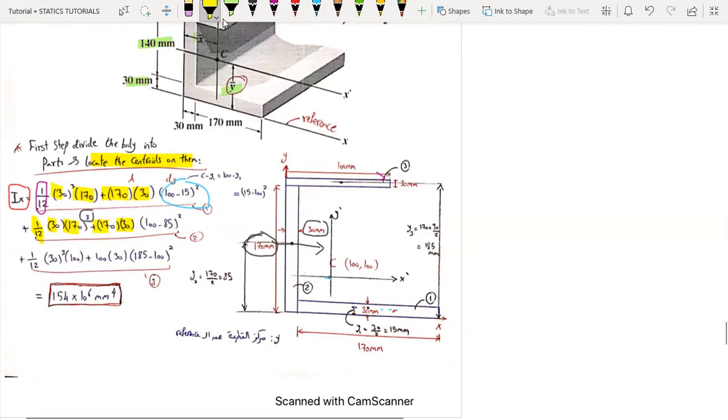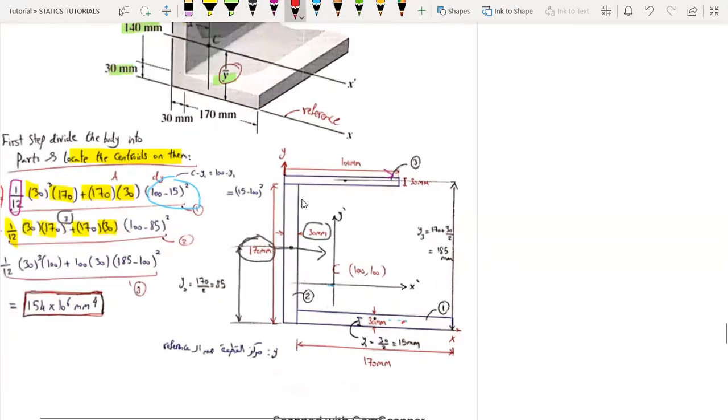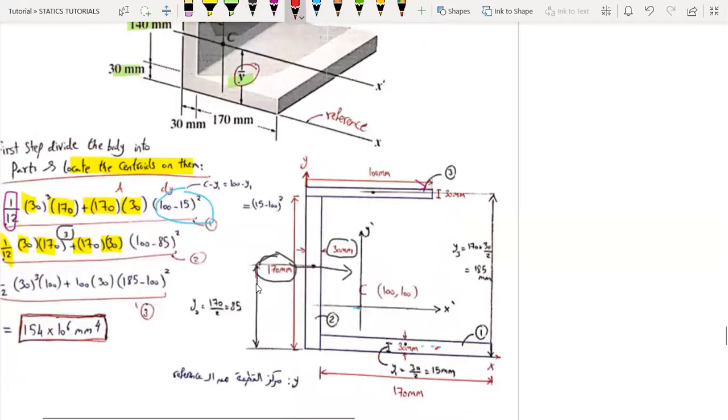Again, here, the distance, we should be careful. Here, we have found already this distance from the datum till the centroid of segment number 2, which is 85. And we know that this distance is 100 millimeters. But dy is the distance from the centroid of segment number 2 till the centroid of the whole system, so we need this distance.